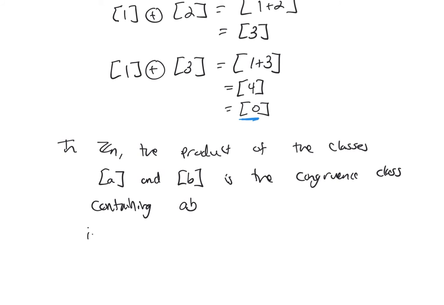So we're going to again use a special symbol here because it's not just multiplication of integers, we're defining a new multiplication. So A circle dot B is the equivalence class A times B.